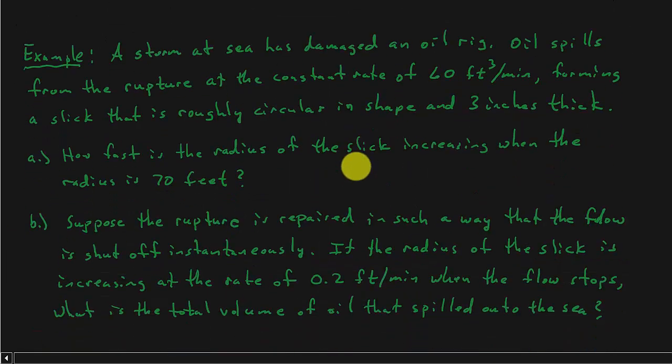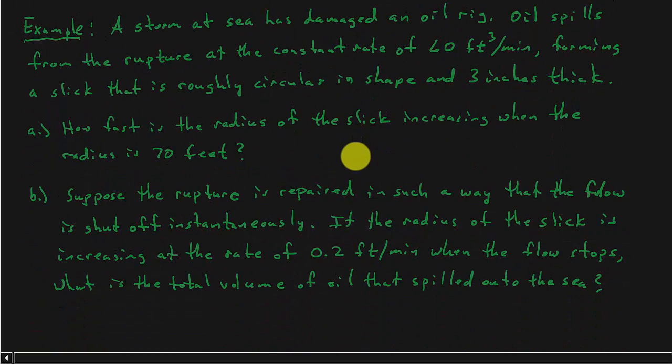All right, let's look at this one. It says a storm at sea has damaged an oil rig. Oil spills from the rupture at the constant rate of 60 cubic feet per minute, forming a slick that is roughly circular in shape and 3 inches thick.